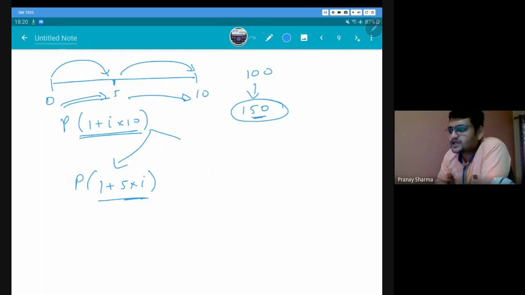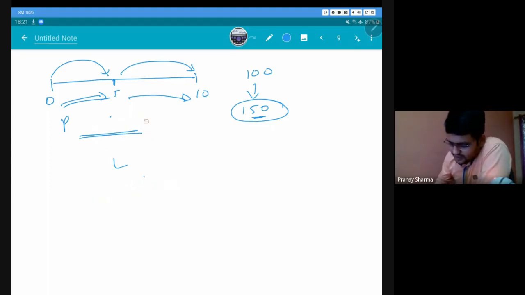Or if I say I will give you 150 rupees but only give you interest on 100 rupees, that will not work, right? So when we talk about reinvesting, when we have multiple accumulation factors, we will always be multiplying them. That is why accumulation factors are multiplied to get our future values.